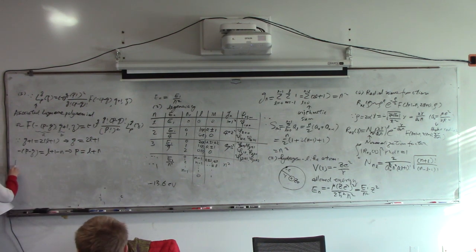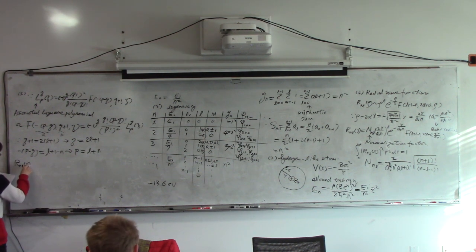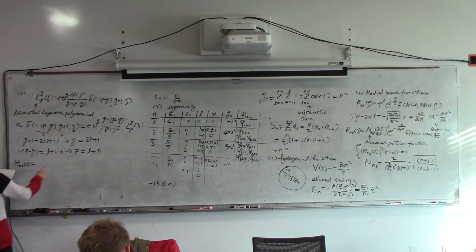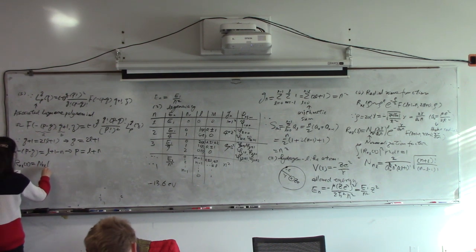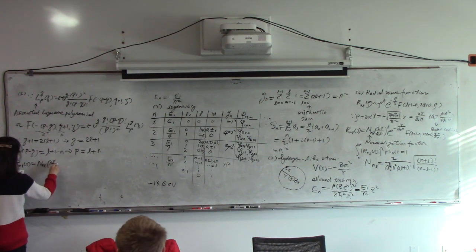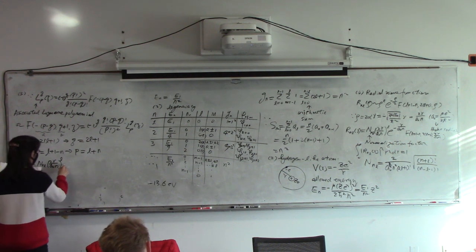Now we have a final radial function. The final radial function for given N and L has a constant, R, which is here, I have the N and L, and 2R over the N, to the L power, with the exponential.